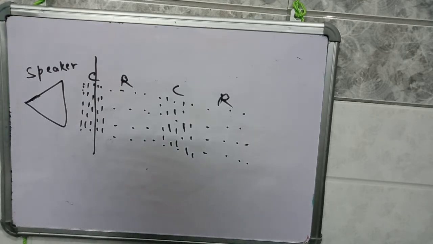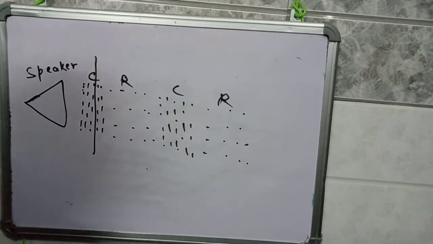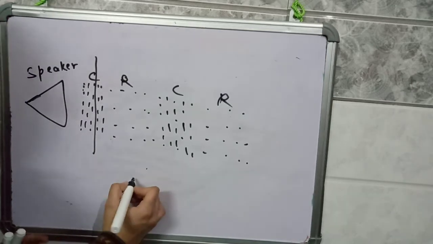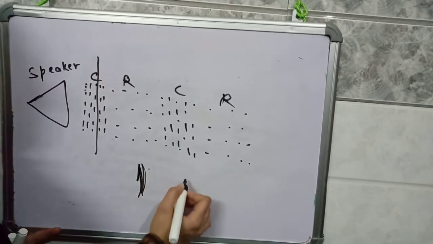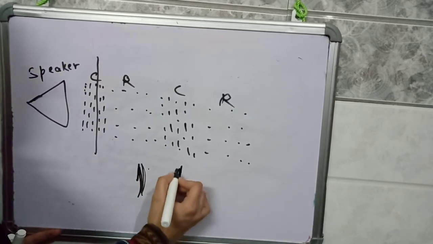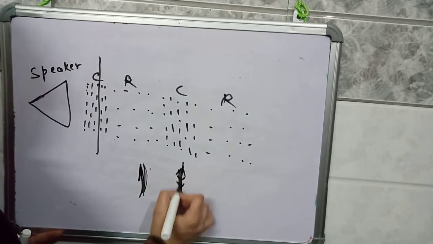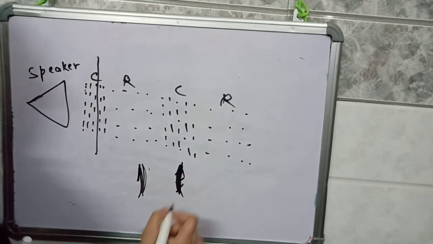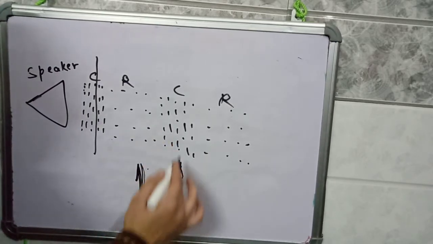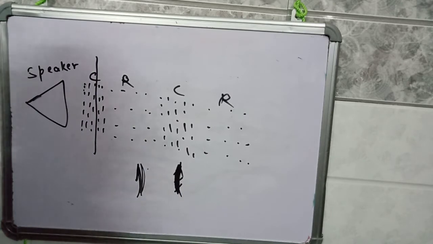Now there are two types of velocities in wave motion. One is wave velocity, the velocity with which the wave is traveling, and one is the velocity of the particle. The particles have oscillatory motion. Suppose in water waves the particles have oscillatory motion like this. As the particles are oscillating, they must have some velocity.